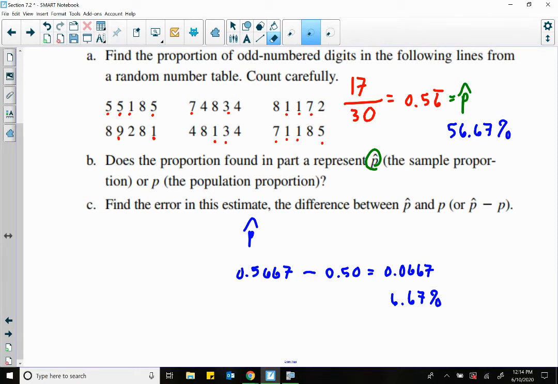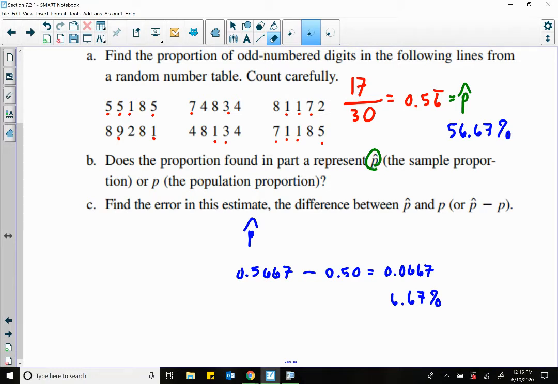So just make sure that you read those directions carefully. If it asks for a percent, then it should be an integer with some decimals, most likely. If it asks just for the proportion, the fine print will tell you how many decimals to round to. If you see the percent sign, you definitely should have some integers in front. If you don't see the percent sign, then it's all decimal. It should be 0 point something. So just keep an eye on that.